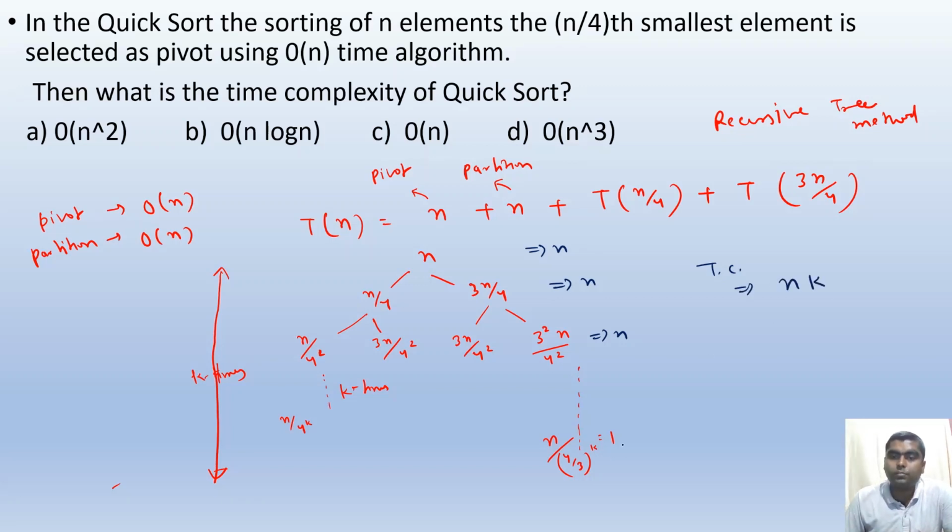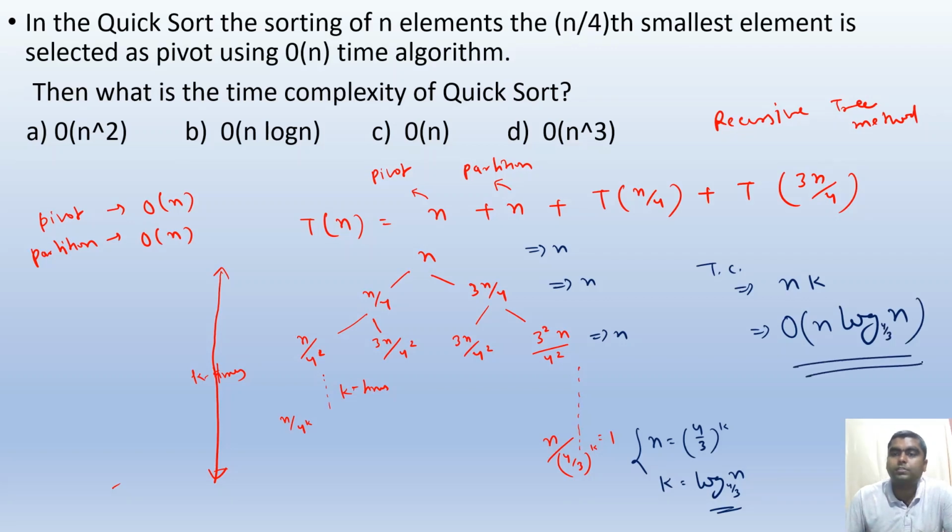So what is the value of k? k will be calculated from here. So n equals (4 by 3) raised to power k. So you will get k as log n base 4 by 3. So this way you will get time complexity is order of n log n base 4 by 3. So this is the time complexity. Okay, so finally you will get this is the time complexity.